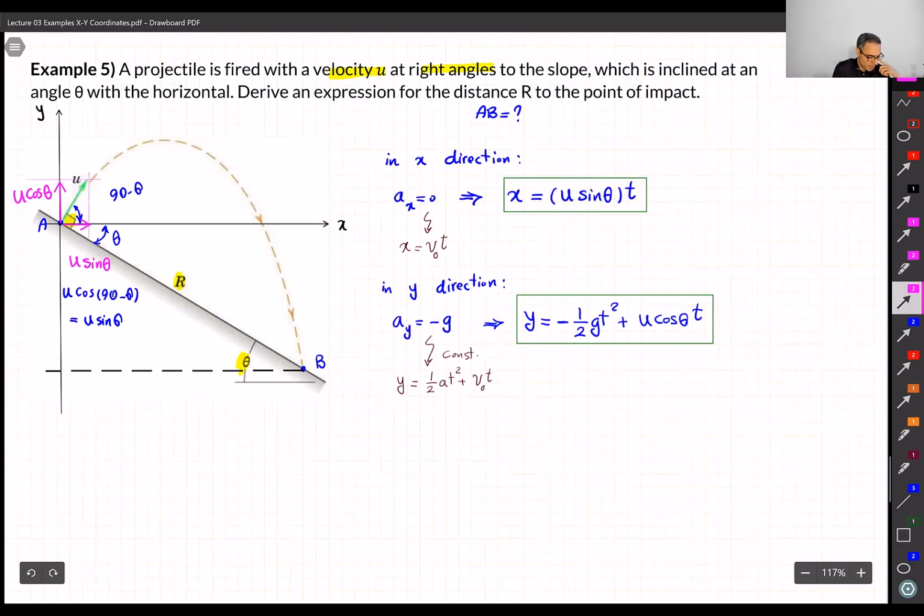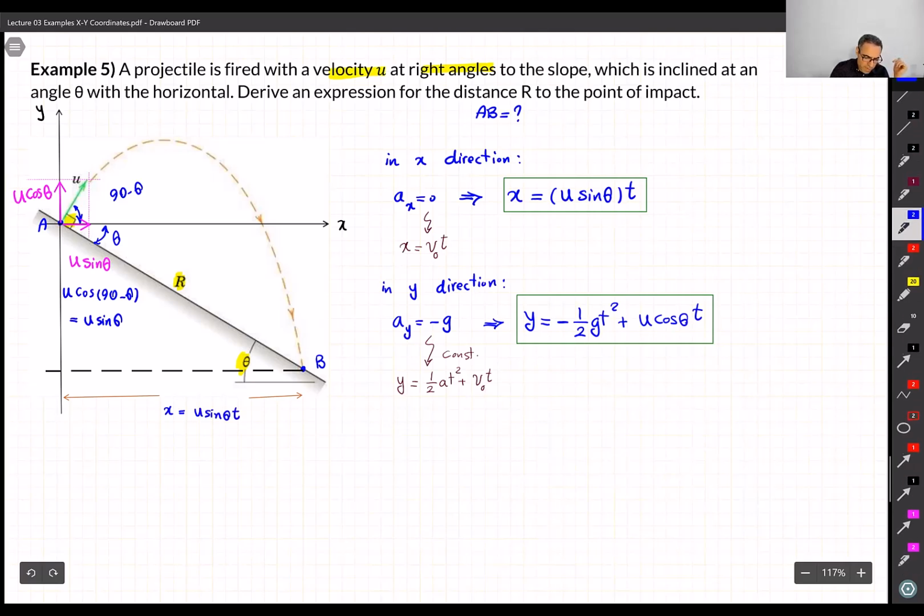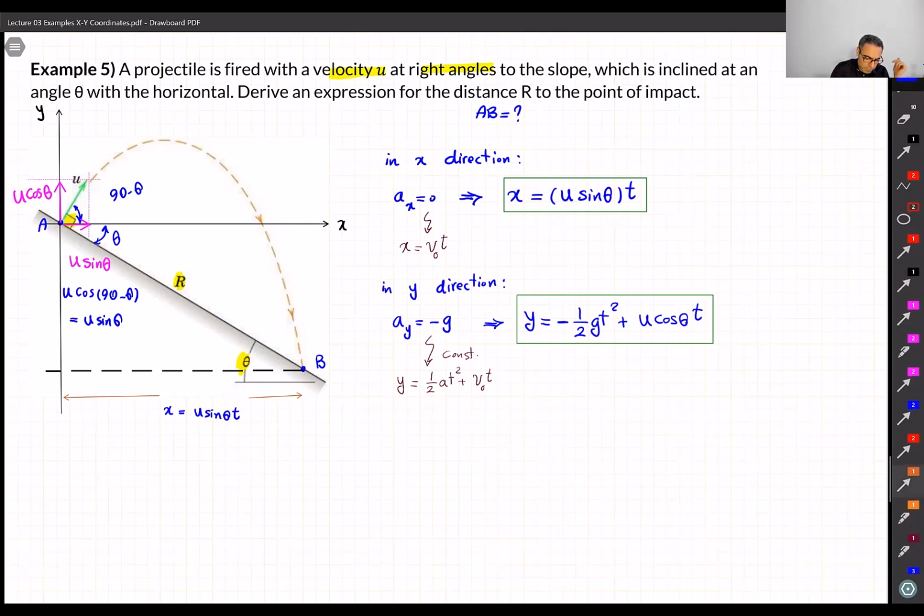So remember, guys, we figure out this distance. We figure out that from here to here, this guy is going to travel how much? So this is our x, u sine theta t. Also, we figure out this distance, from here to here, and also from here to here.